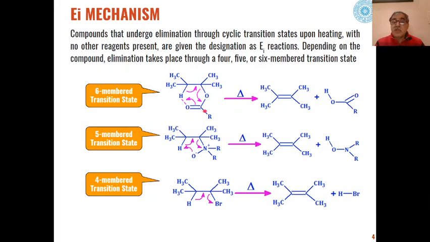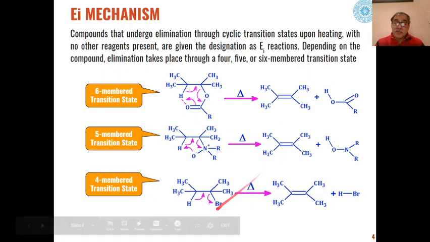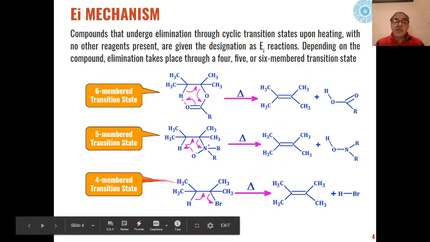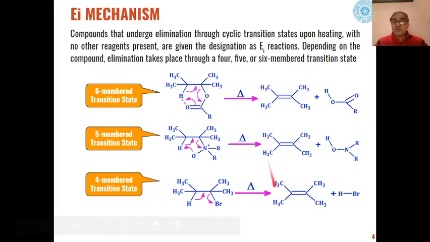Amine oxides undergo pyrolytic elimination through 5-membered transition states to give alkenes as the product, whereas alkyl halides undergo a 4-membered transition state to give alkenes through the Ei elimination mechanism.